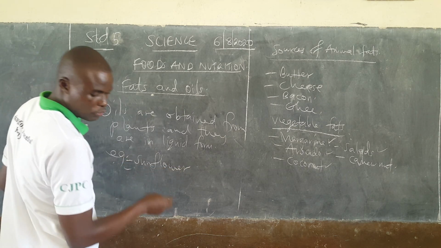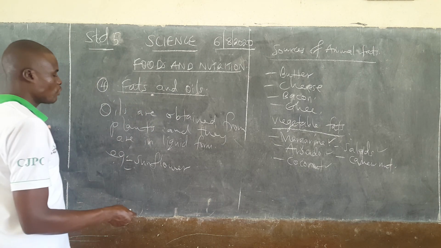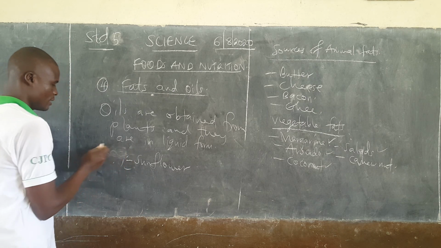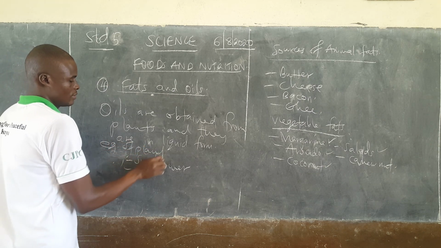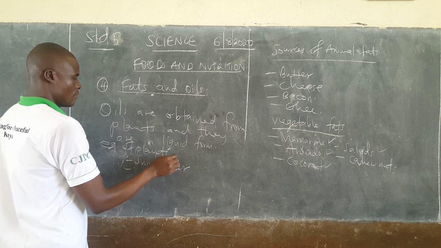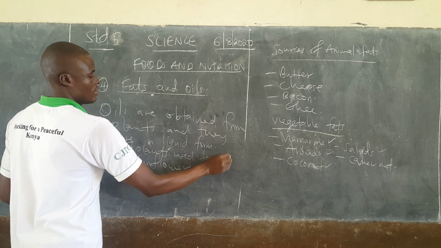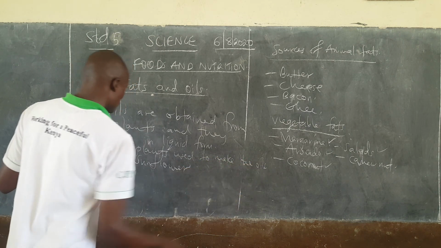These are just examples of plants used to make the oils. So we have mentioned sunflower.